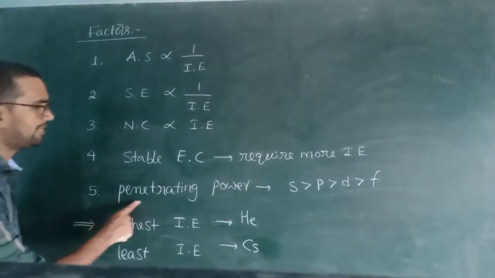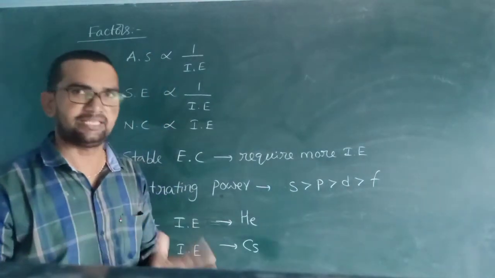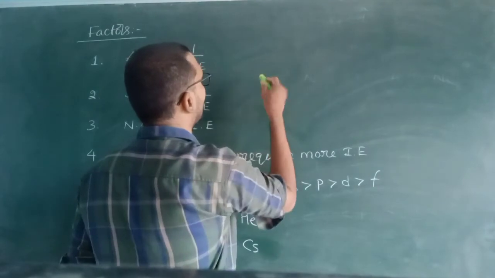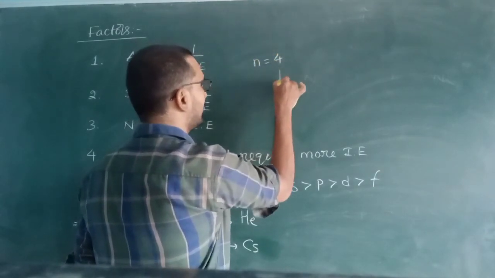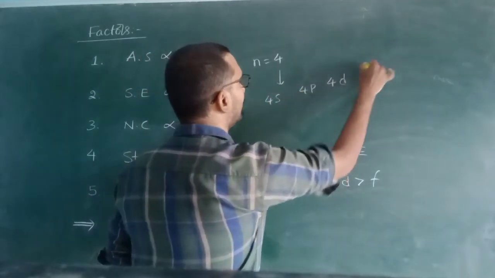Last point, penetrating power. If you take any shell, for example the fourth shell, n equal to 4, it contains 4s, 4p, 4d, 4f.